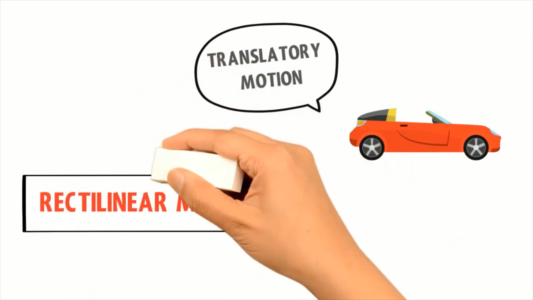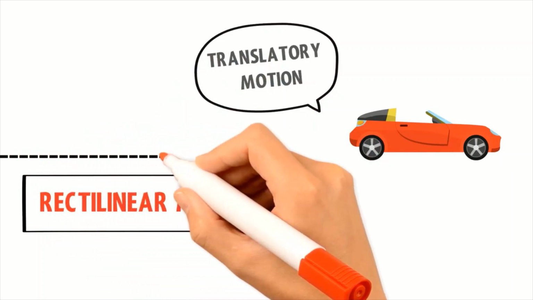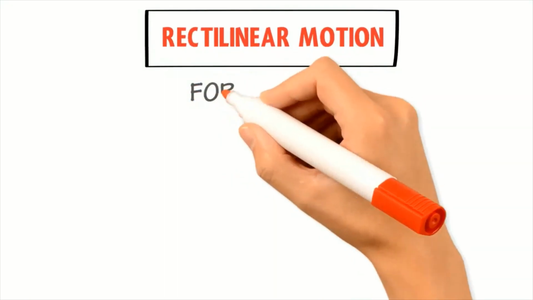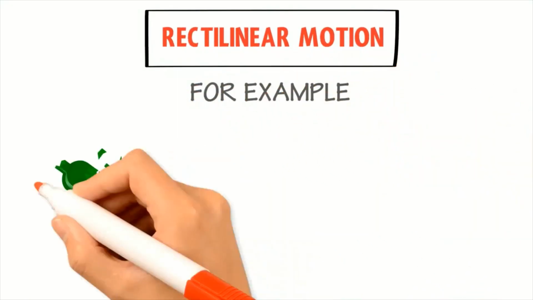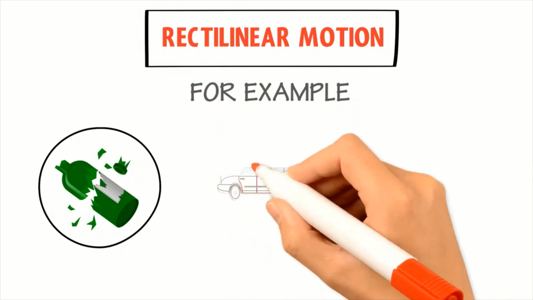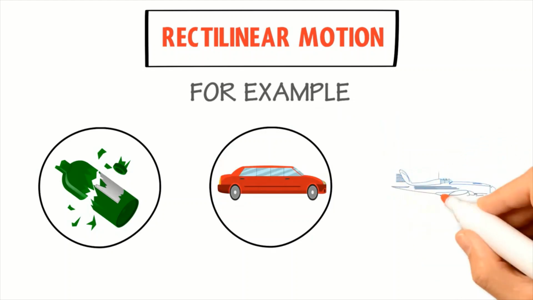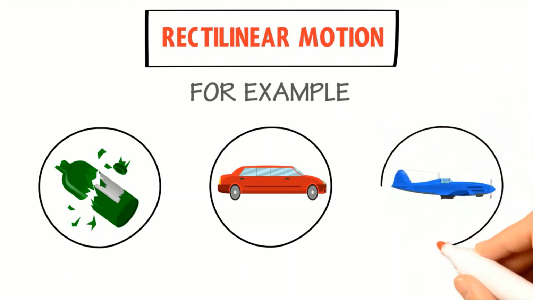Therefore, remember that linear motion or motion along a straight line is also known as rectilinear motion. For example, the motion of falling objects, the motion of a car on a road, and the motion of aeroplanes are all rectilinear motions.